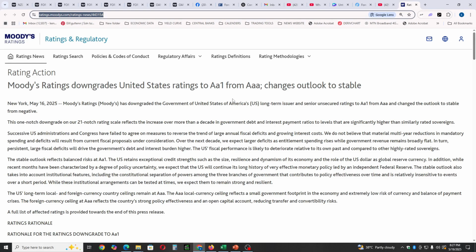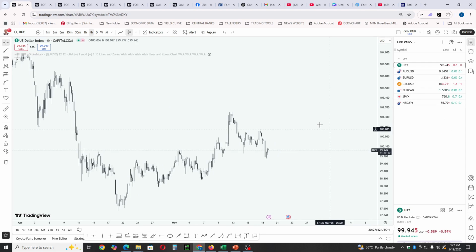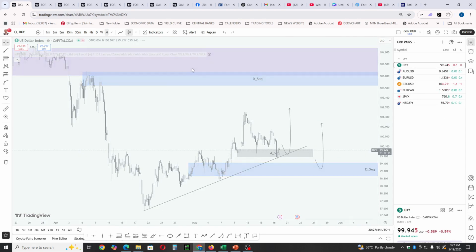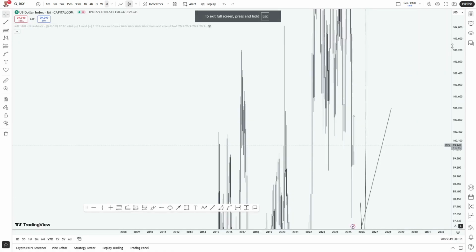So without much further ado, having covered the fundamental aspect, let us go into the technical aspect of this weekly outlook for the US dollar. We start with the US dollar, and the next order of business is to come to the monthly time frame and see how we can break it down.